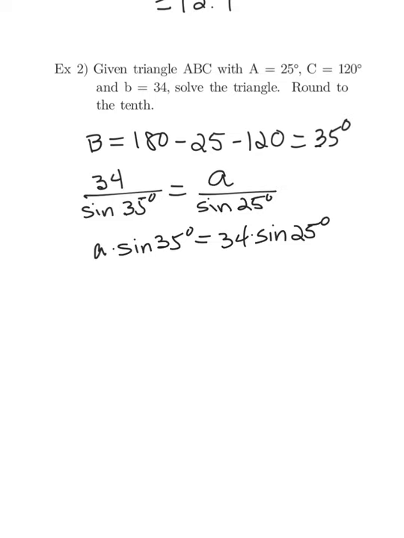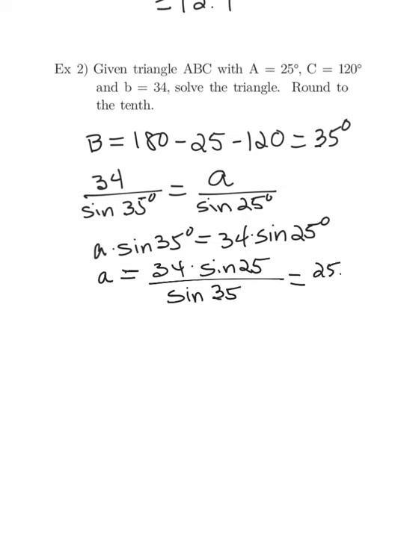Divide by your sine of 35 and you get A equals 34 times the sine of 25 over the sine of 35. And doing that on your calculator, rounding to the tenth, you get A of 25.1.